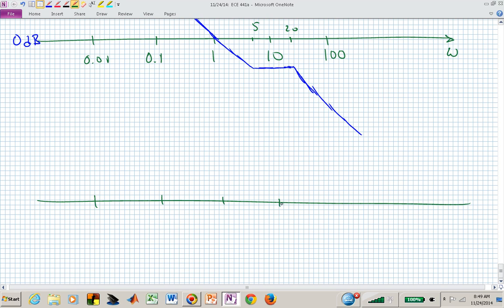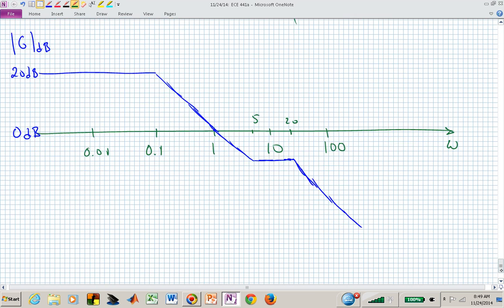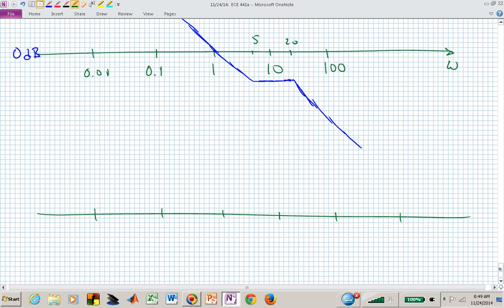Hopefully I can be somewhat aligned. And now what do I want to do? Well, I have a break at 0.1, and my phase is equally split across 2 decades. And where am I starting? I'm starting at 0 degrees.